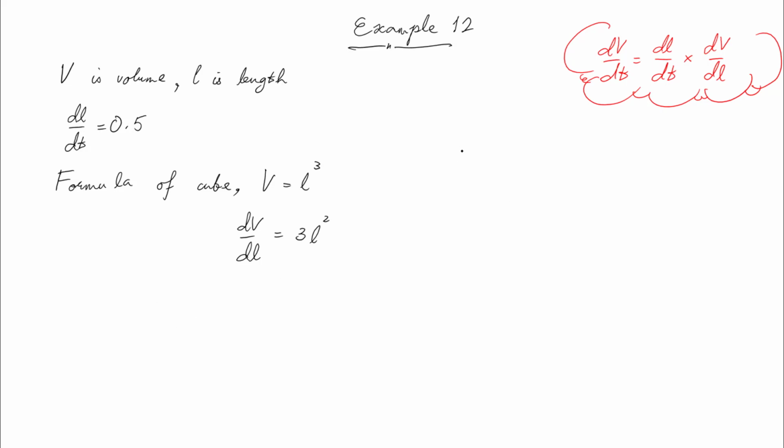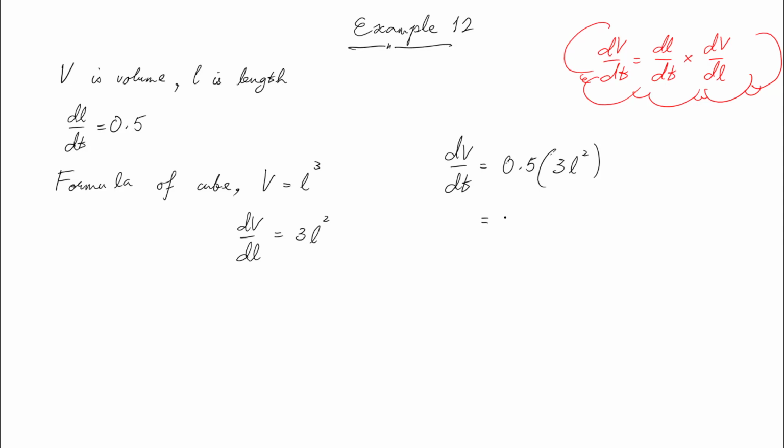Now all we have to do is just substitute into the chain rule to find our answer for this example. So dl over dt is 0.5 and dV over dl is 3L square, and as you can see over here, we have a variable L that we don't have its value. So take a look back into the question. It said that you need to find the rate of change of the volume when the length of the edge of the cube is 6.